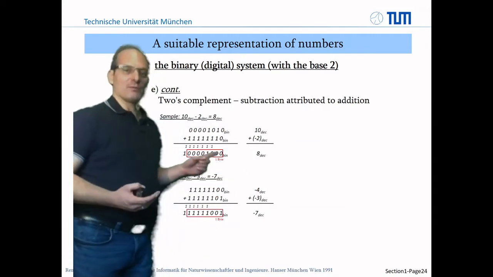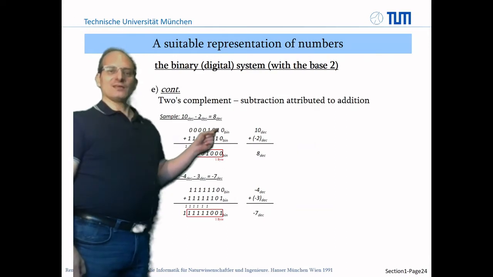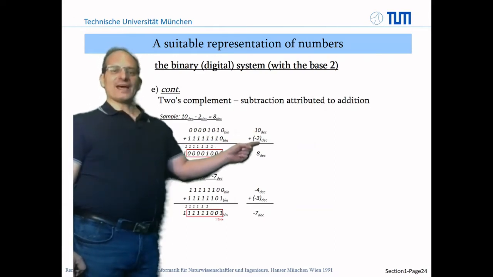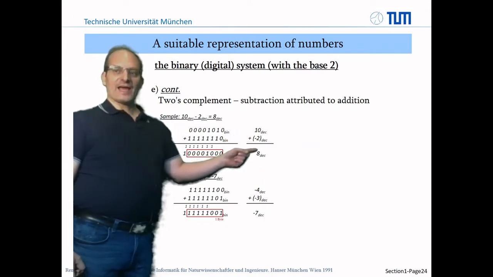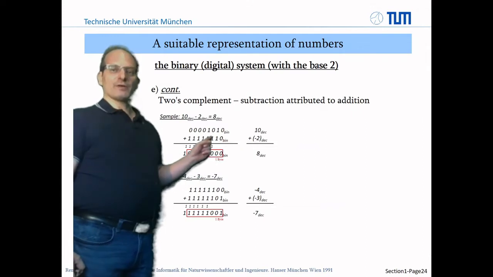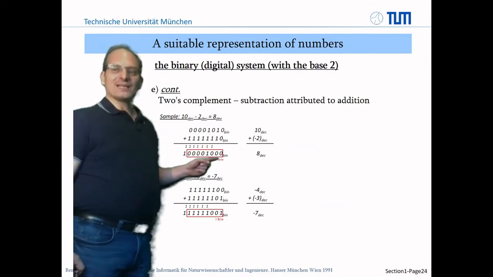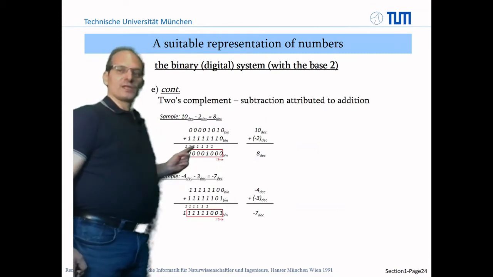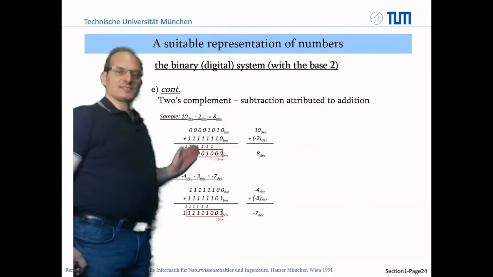If you, for example, want to subtract the 2 from the 10, then you can also do an addition where you add -2 to 10. And if you have this 2's complement, then you just do the addition and you automatically get the correct number here for 1 byte.